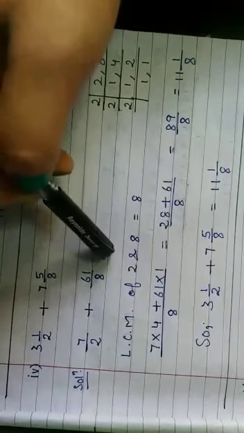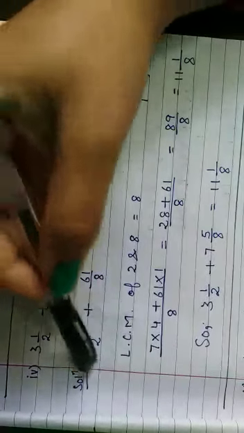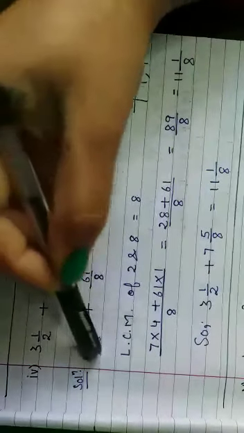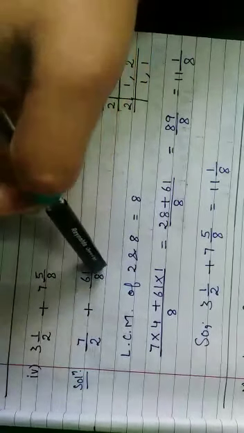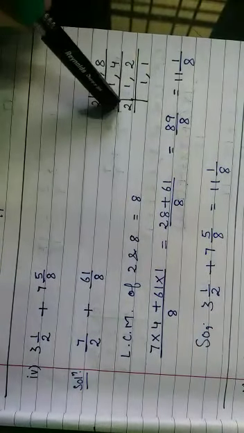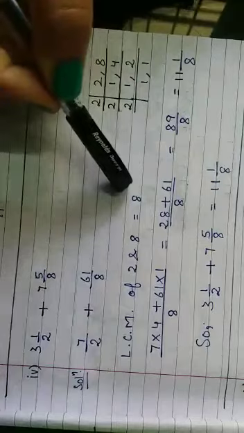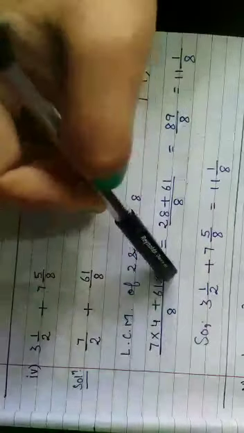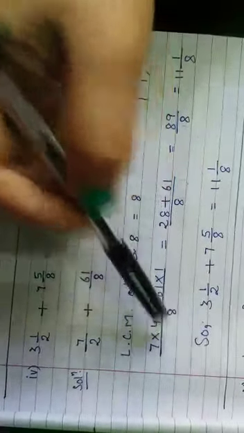Again we have improper fractions and we have to add, so we take the LCM of the denominators, 2 and 8. The LCM of 2 and 8 is 2 multiplied by 2 multiplied by 2, that is 8. Again, in the place of the denominator, their LCM will come.